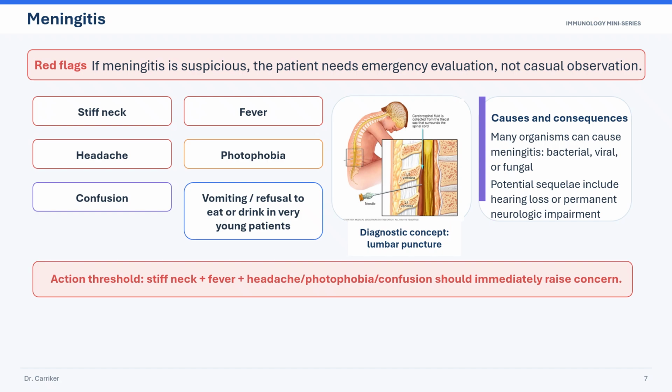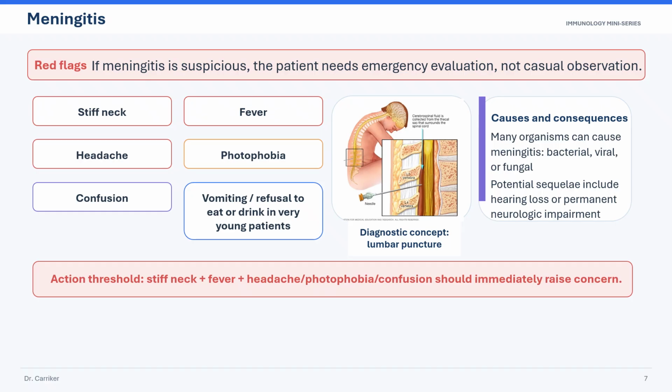A suspicious patient needs emergency evaluation. In the photo, we see the diagnostic concept of a lumbar puncture. And so this can be a diagnostic tool where we can identify that meningitis is present. And the long-term sequelae here would be that we could have hearing loss or even permanent neurologic impairment. So it is very important to treat this right away.